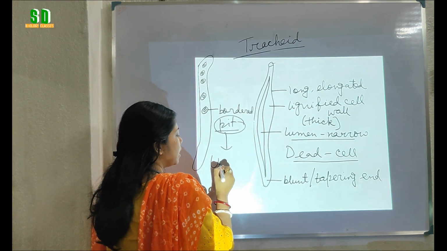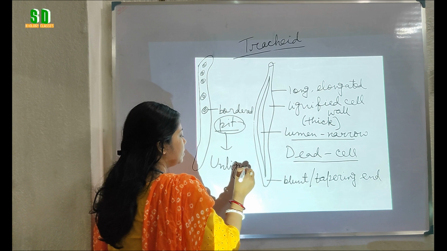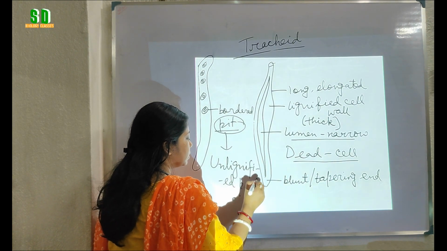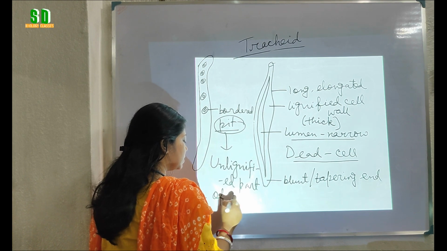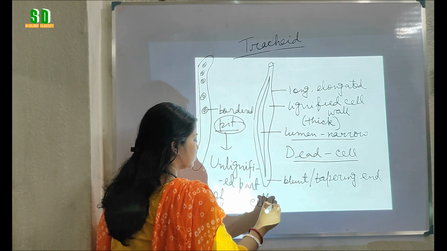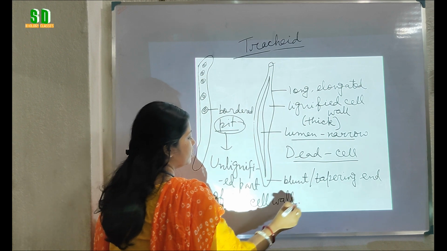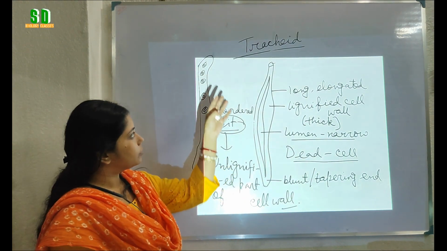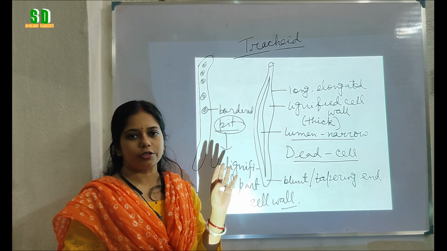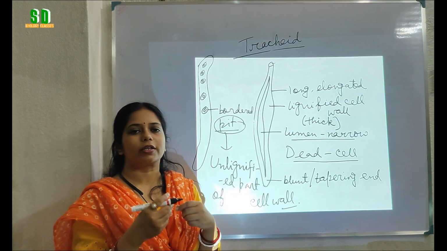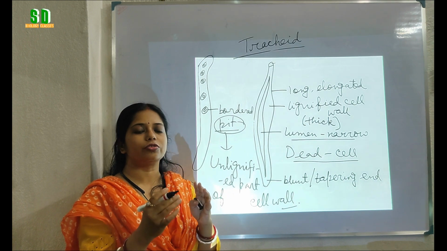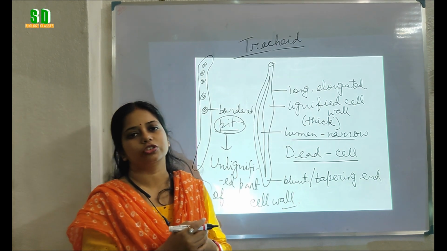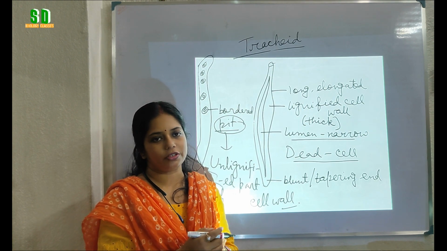So pits are the unlignified part of the cell wall. So on the tracheid cell wall, we can see the bordered pits, and the tracheids are arranged laterally one after another and help in the conduction of water and minerals.